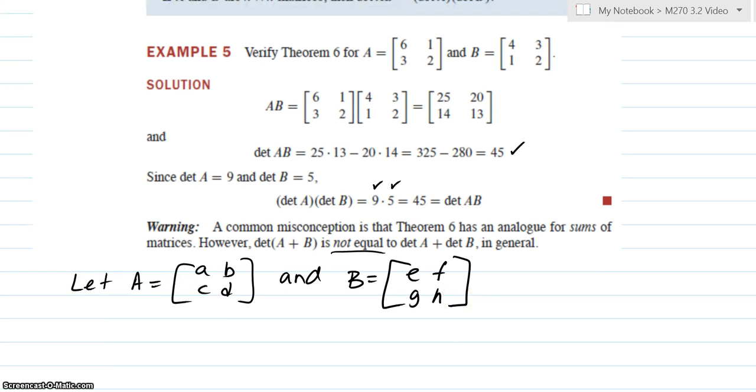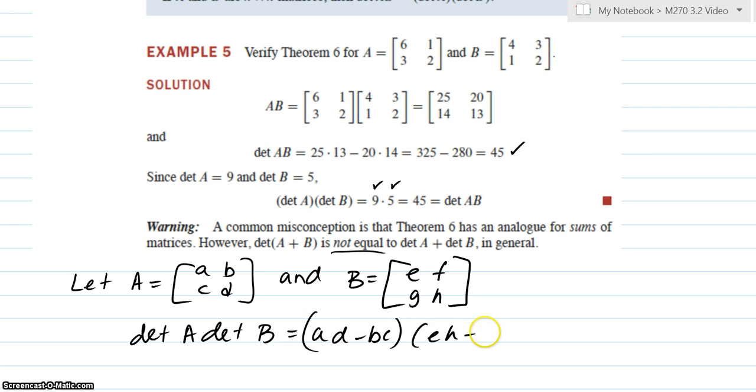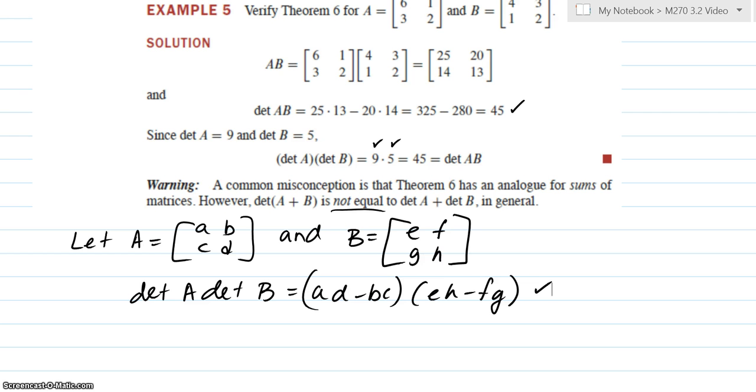Let's find the determinant of A times the determinant of B. Let's just do the right-hand side first, because that's just (ad minus bc) times (eh minus fg). Okay, so that's what we want to get when we take the determinant of A times B.